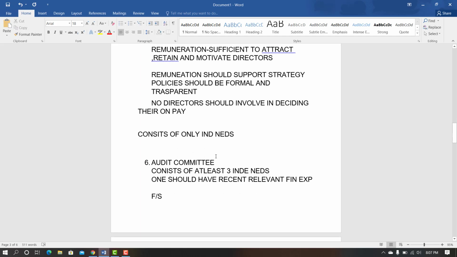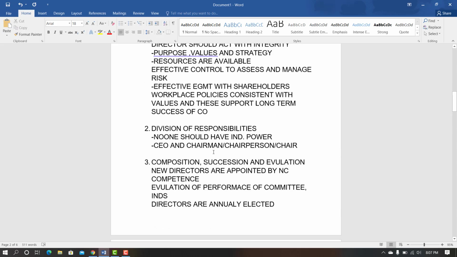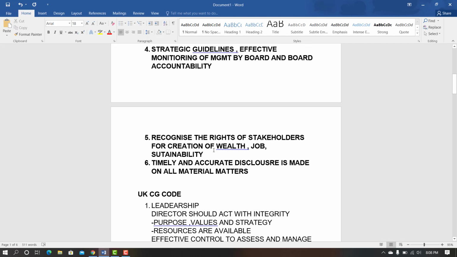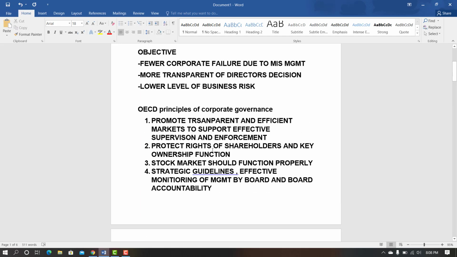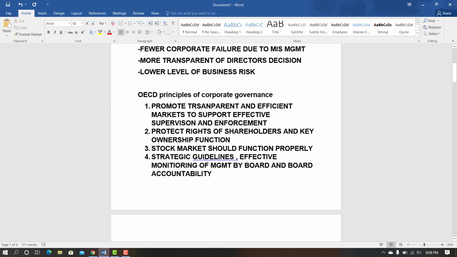We will talk about it in our revision sessions in a while. You should know all these subtopics, codes mainly, so that you are clear about the responsibilities of the directors and the principles, and also the objectives and definitions of corporate governance.